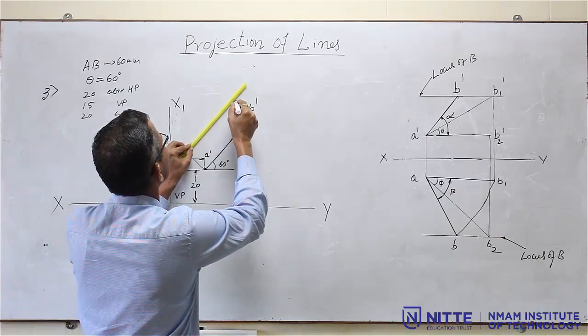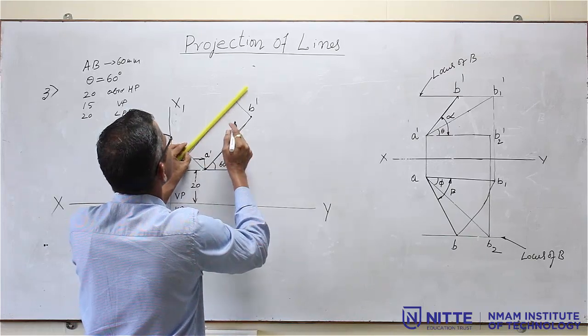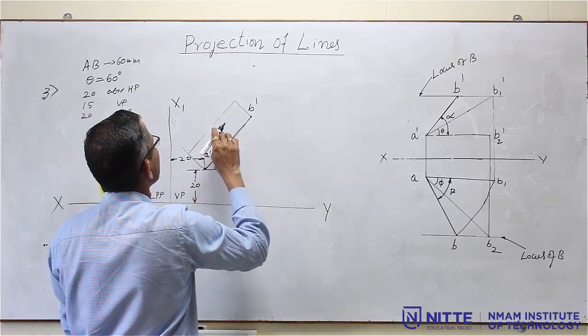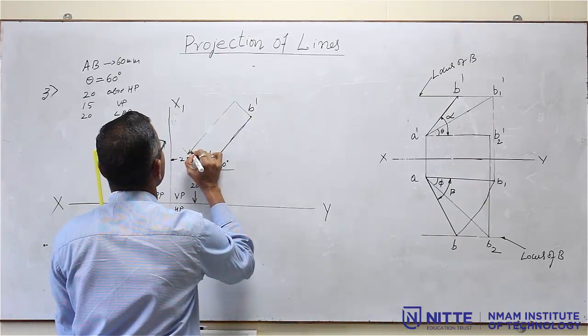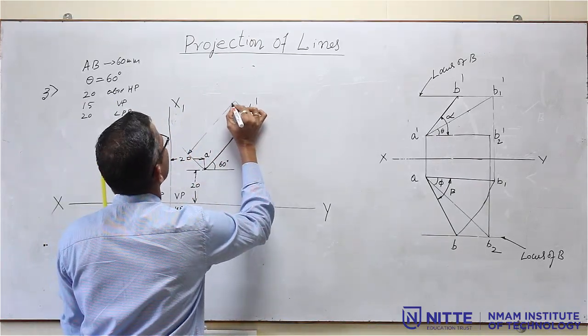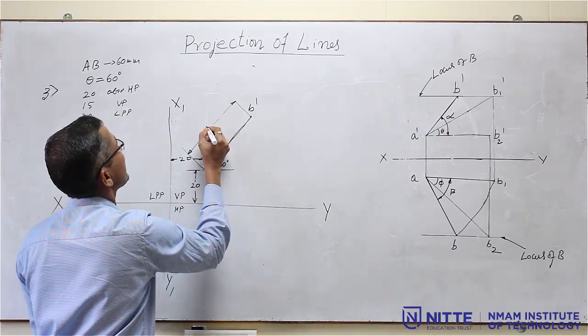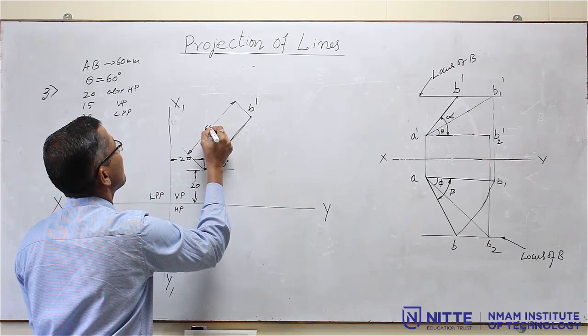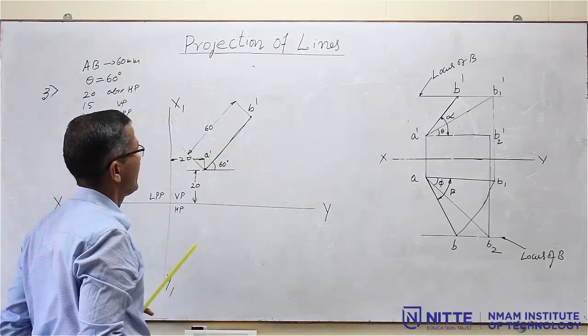Then you draw the dimension line on which I have to place the length of the line. This line should be parallel to this A dash B dash. The length of this you have to specify, the number 60. Write it vertically, do not write it aligned like this. So, write it like this.